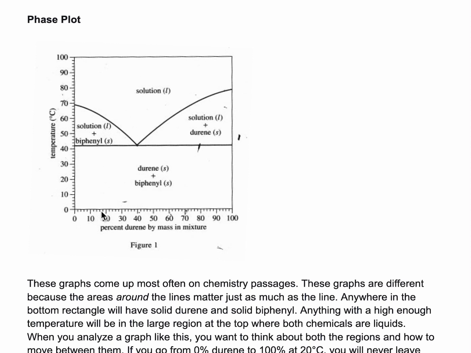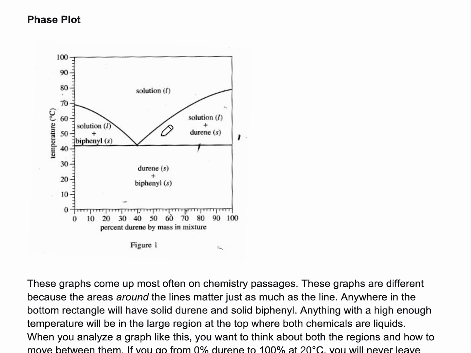And if you're at 20%, but then you're at 50 degrees, then it would be represented by this dot. If it's in there, that means that biphenyl is a solid, and if it's 50 degrees and 70% Durine, then Durine is a solid. And in this whole area, everything is a liquid.